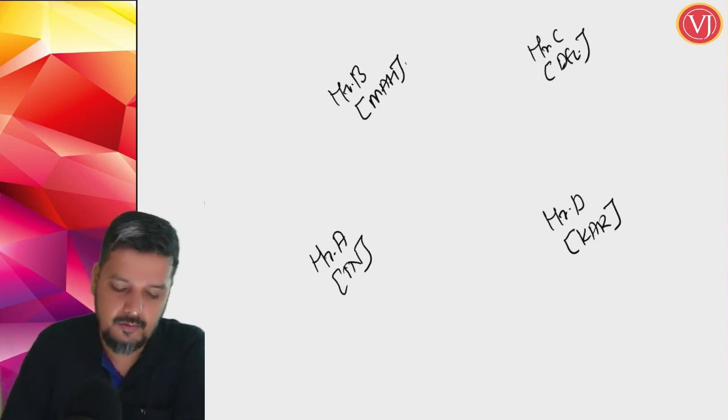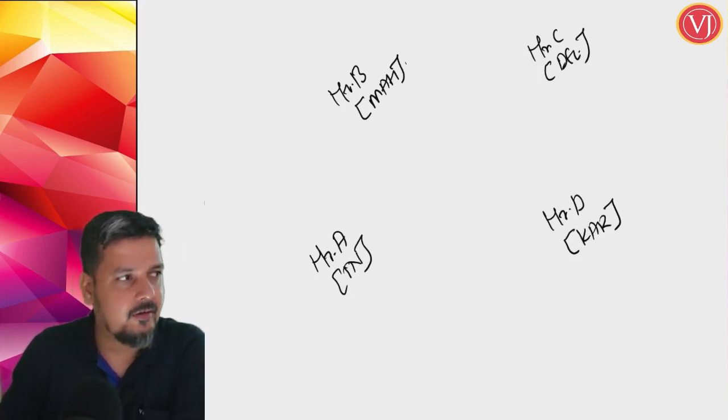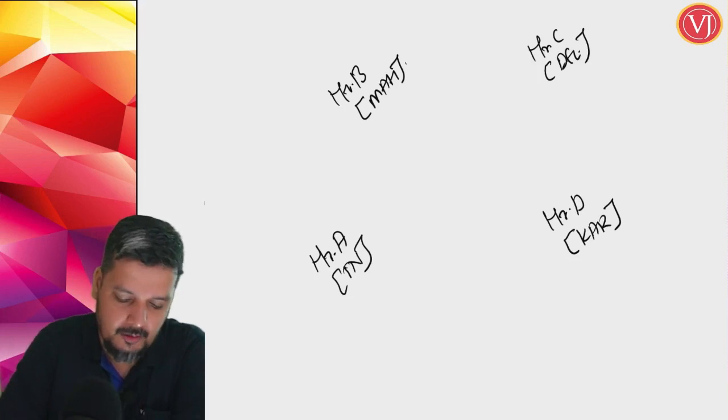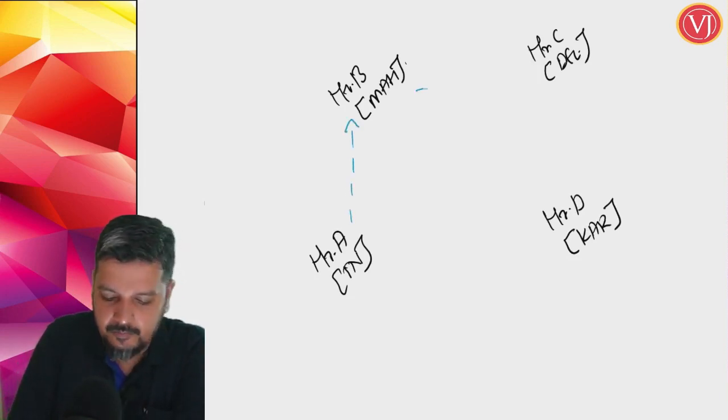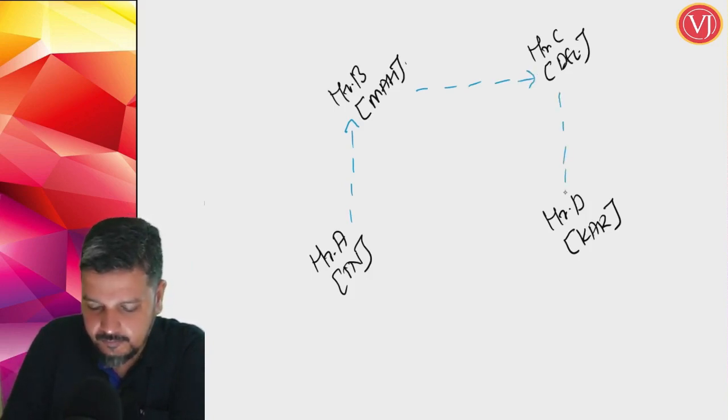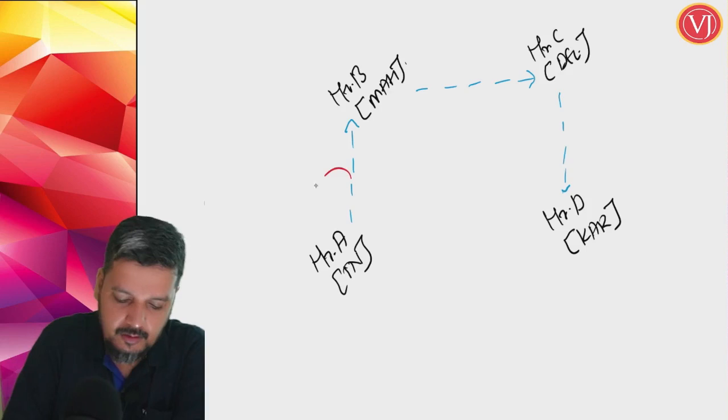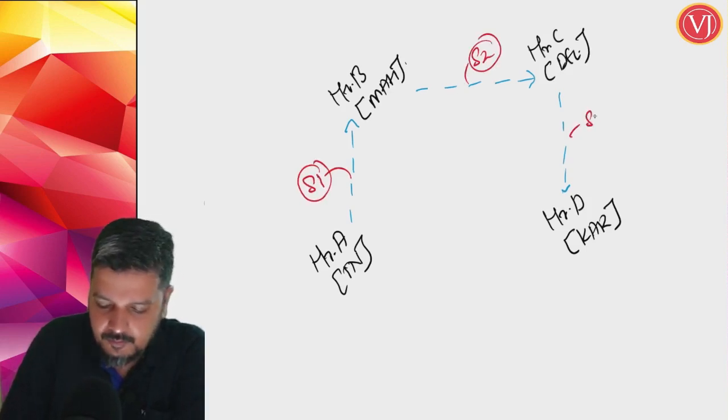Now, there are totally how many contracts? 3. There is no connection between A and D. Supply 1, supply 2, supply 3.